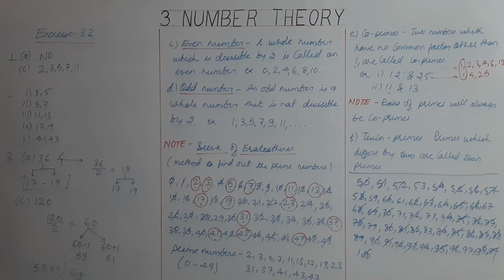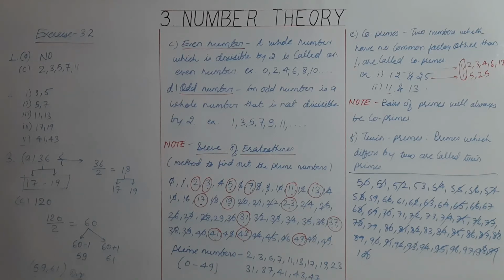Multiples of 19: 19 plus 19 is 38, then 57, 76, and 95. Next number is 23. Multiples of 23: 23, 46, then 69, and 92.